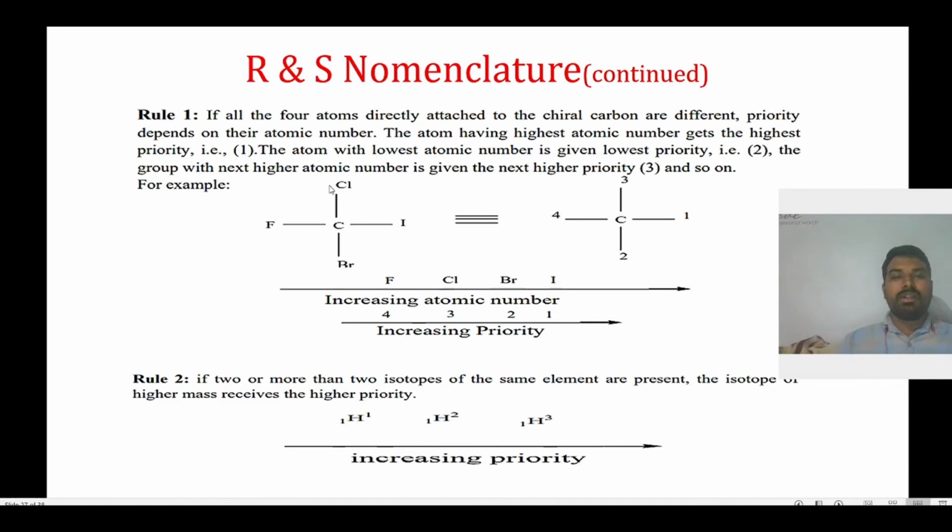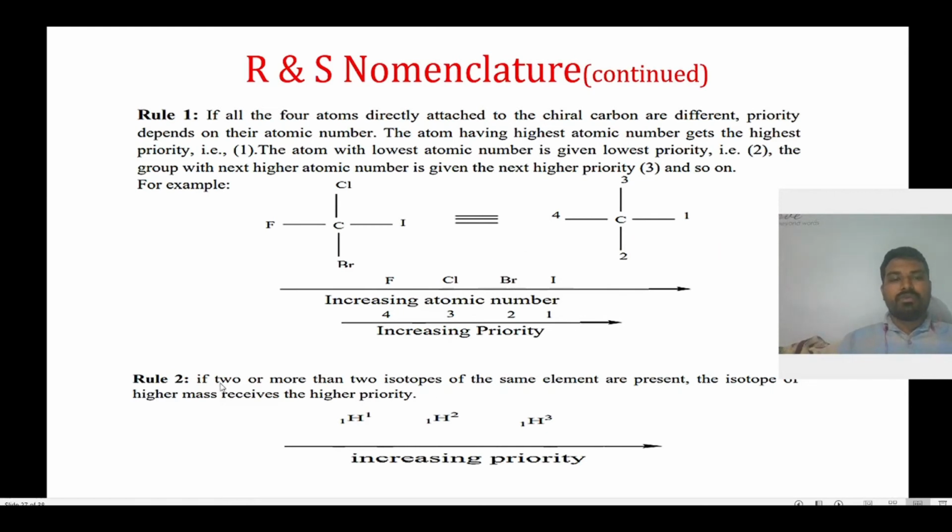For example, if we consider this example, then the increasing atomic number is 4, 3, 2, 1. Okay. Fluorine will be at number 4, chlorine will be at number 3, bromine will be at number 2, and number 1 will be iodine. This is the increasing priority.